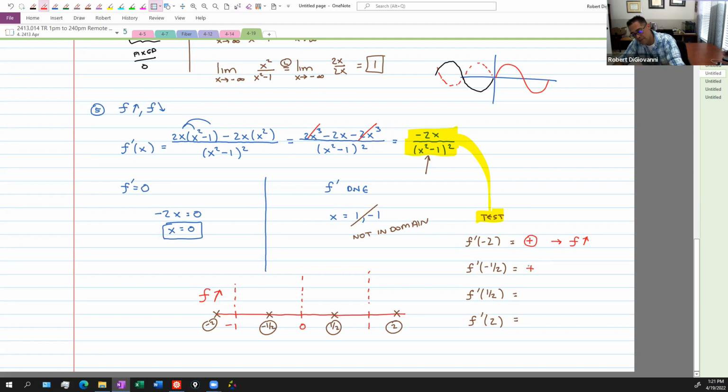So I will stay positive here on the derivative, which means my original function is still going up, increasing. And then you do the next two. Without showing you or thinking through it, I'm just going to tell you what they are. They both turn out to be negative, which means I'm going down, and then I'm going down again. So function goes down, function goes down. Questions?